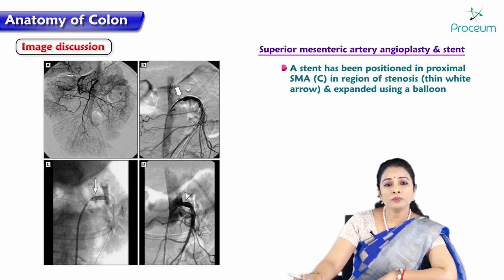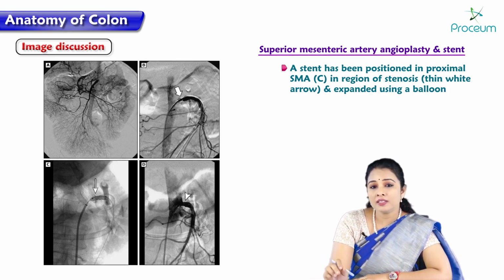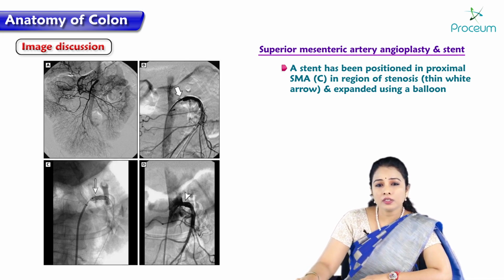A stent was being positioned in the proximal superior mesenteric artery, which is shown in image C. Just look at image C, where we can see a stent which was positioned in the region of stenosis. A thin white arrow is shown here, and it is expanded using a balloon.